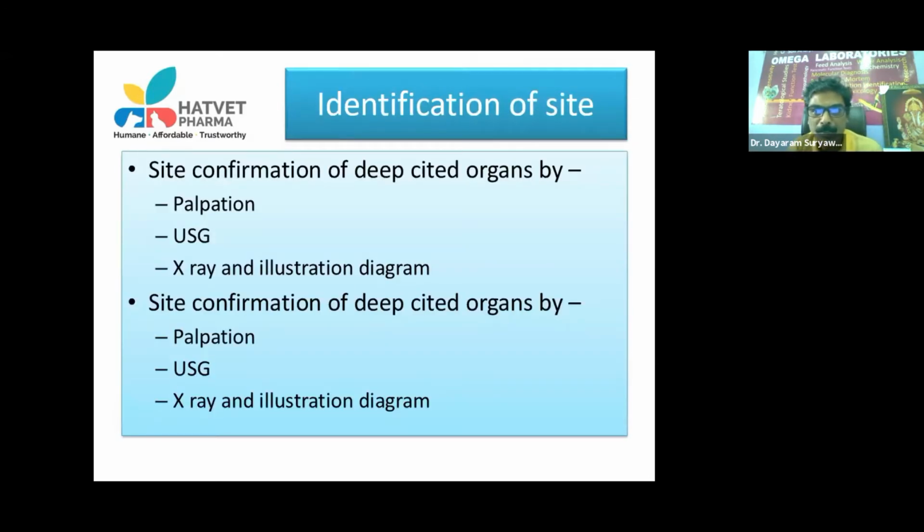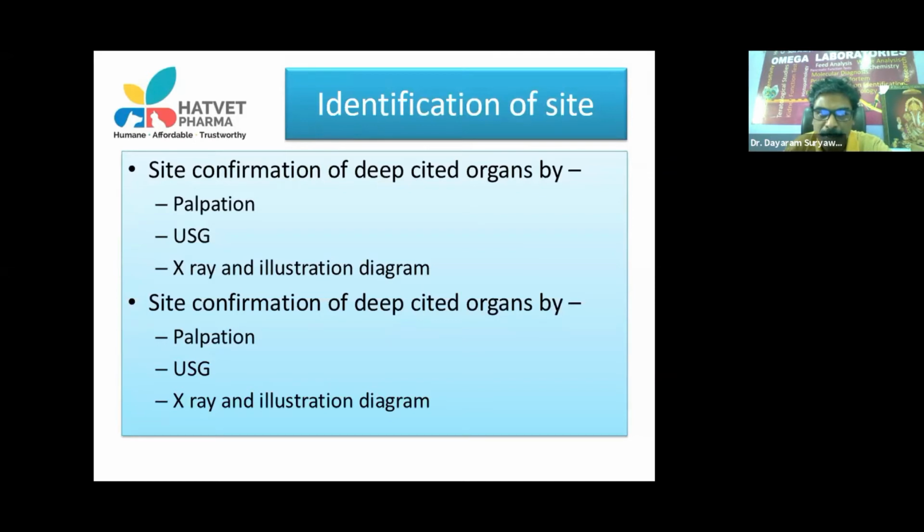Now, identification of the site is the most crucial thing in cytology. The first thing is from which organ we have to collect. For that, site confirmation of the deep-seated organs is the most essential part of cytology.